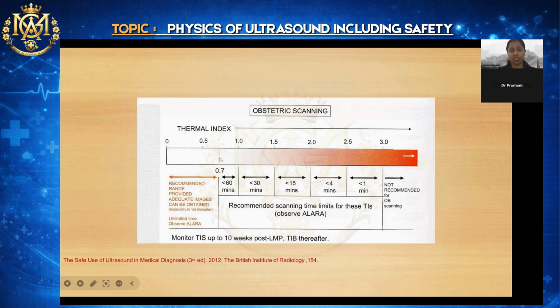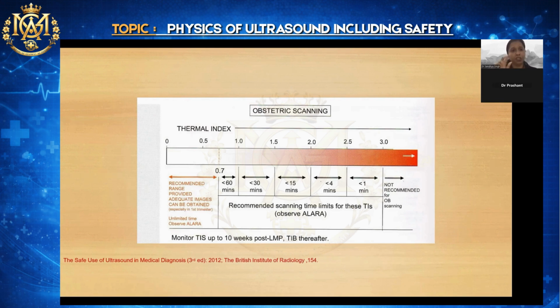But just see here, as this TI MI is increasing, the duration for which you can scan is going down. When TI is between 0.7 to 1, you can scan for around 60 minutes. But if the TI or MI is between 1 and 1.5, less than 30 minutes, you have to complete it. If it's more than that, then you have to decrease that further.